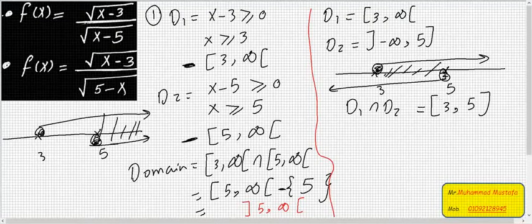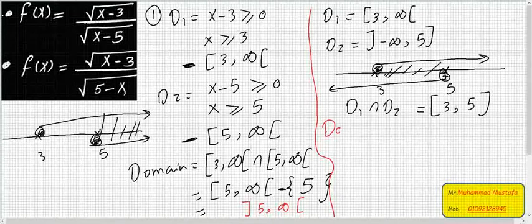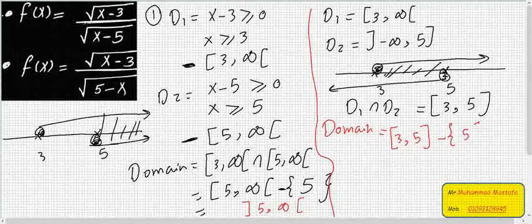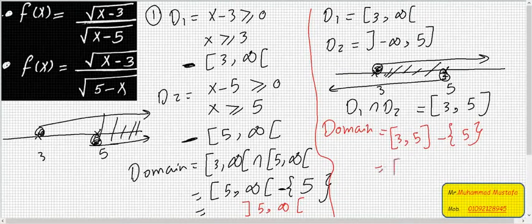Domain of this function is D1 intersection D2, then minus the set of zeros of the denominator. Here the denominator also equals 0 at x equal 5. Domain of the function equals 3 to 5, difference 5, equals 3 closed and 5 open.